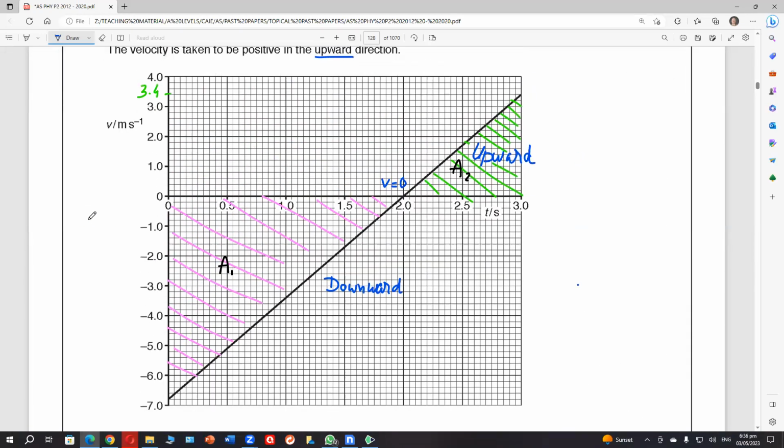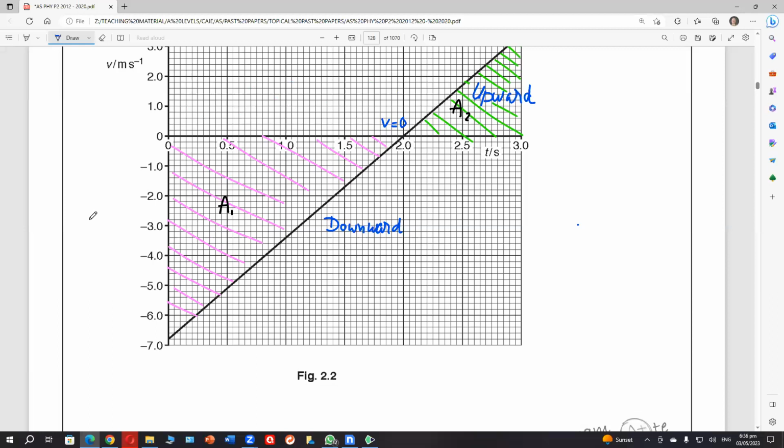So now you can help me out with the dimensions of A1 and A2. So I can take 2 and 3, 1 and 3.4.